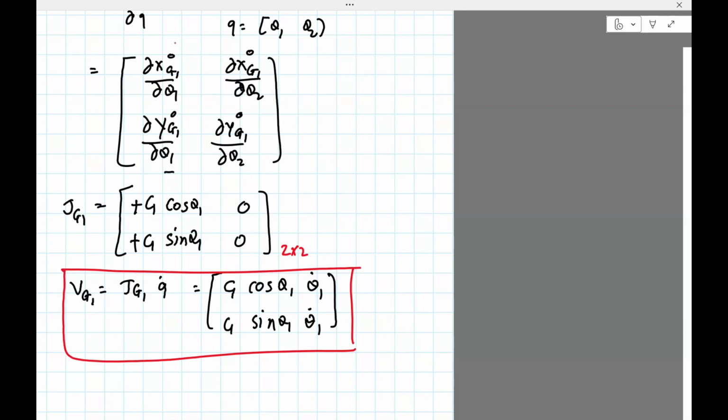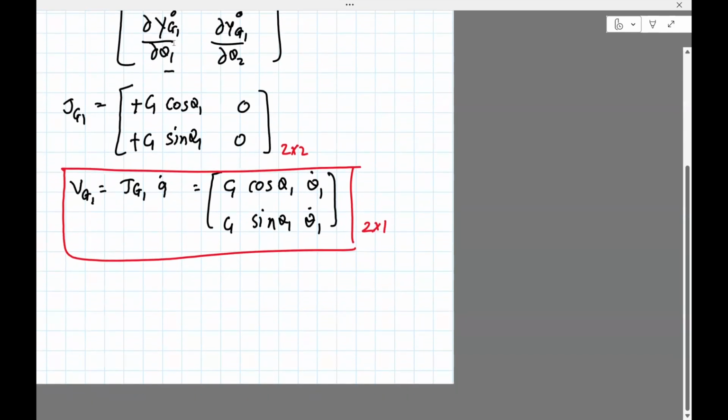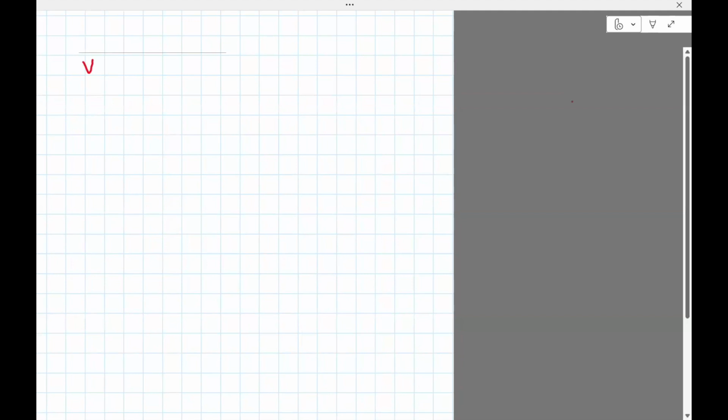So the velocity is clearly a 2 cross 1 vector. I wouldn't have the time to go through G2, but I would like you to do G2 yourself. Let me put down the main equations, and you can try yourself and then get the answer which I'm going to write. So you still need to do VG2, which is dG2,0 over dq, q dot.